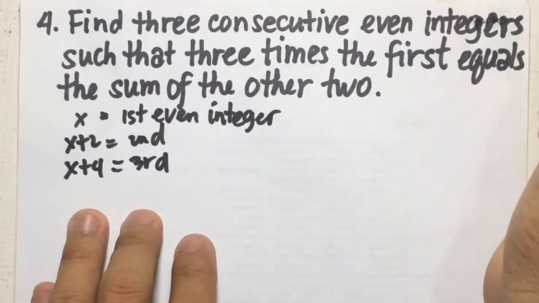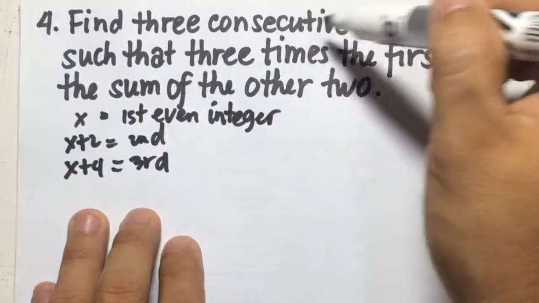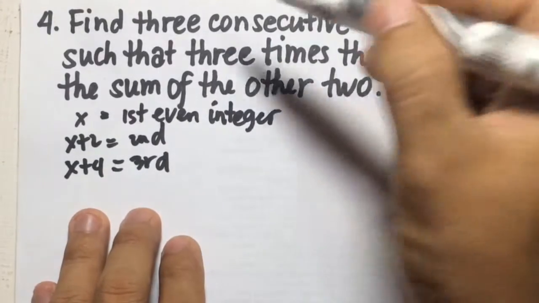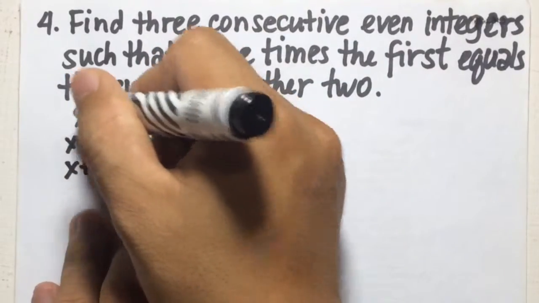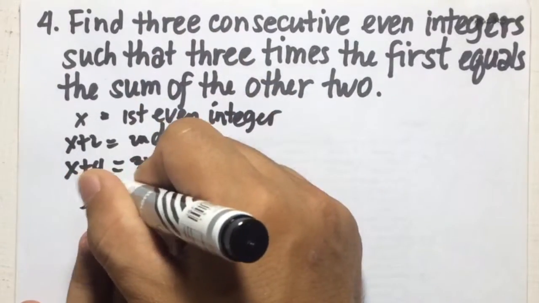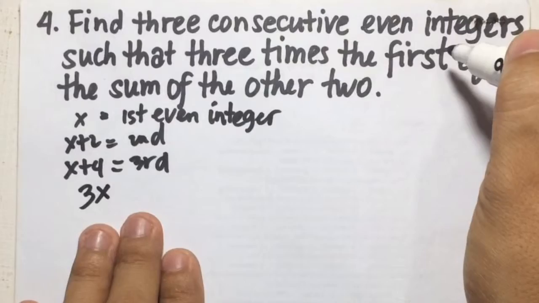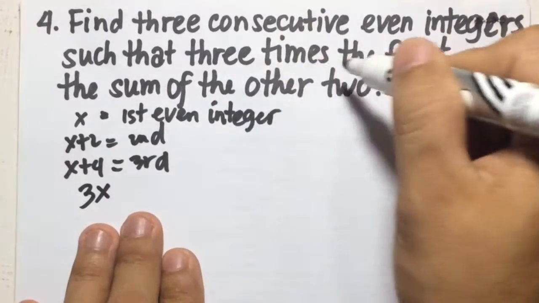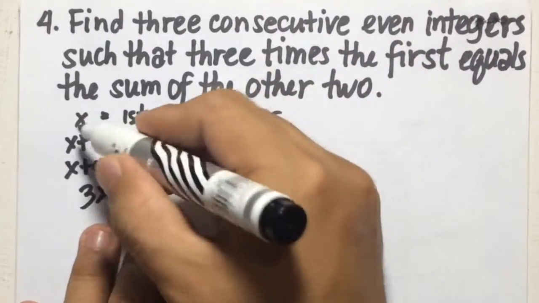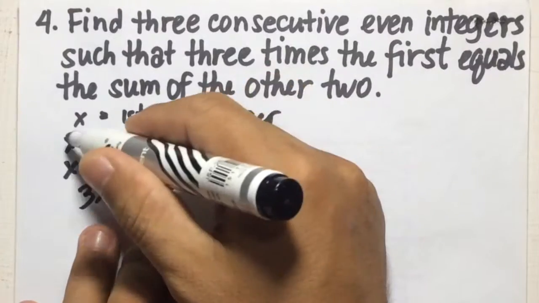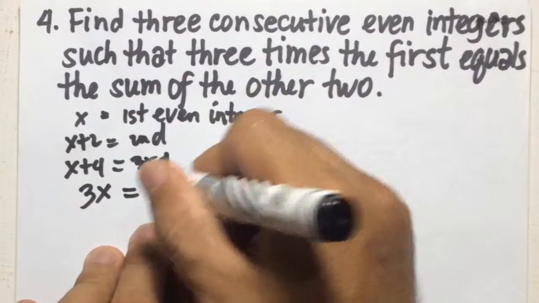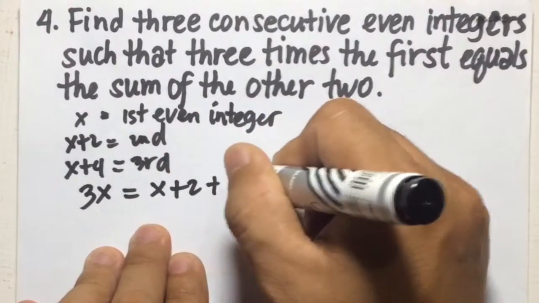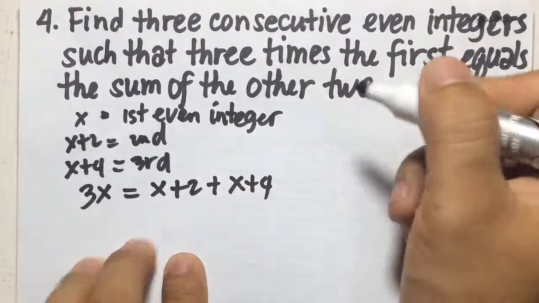Going back to the problem, 3 times the first, and the first integer is x, so we have 3x equals the sum of the second and third. The second is x plus 2, the third is x plus 4, so the sum will be x plus 2 plus x plus 4.